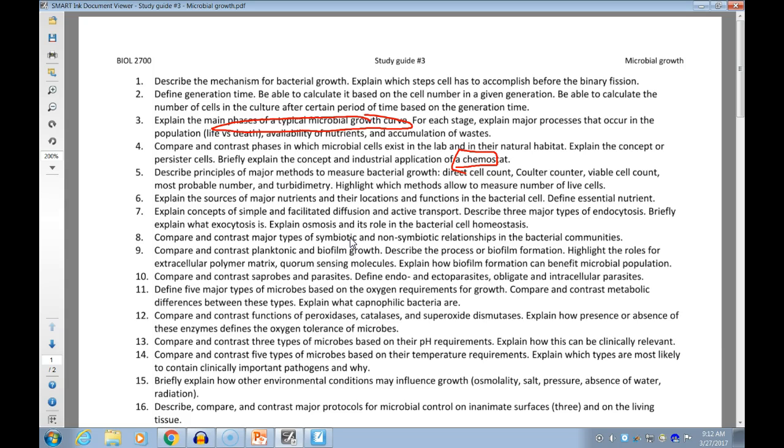Like if I give you 4 choices and ask which method actually counts the number of live, viable bacterial cells, you have to tell me that. Does that make sense? I won't ask you to describe the intricate technical details of the Coulter counter. I couldn't care less.